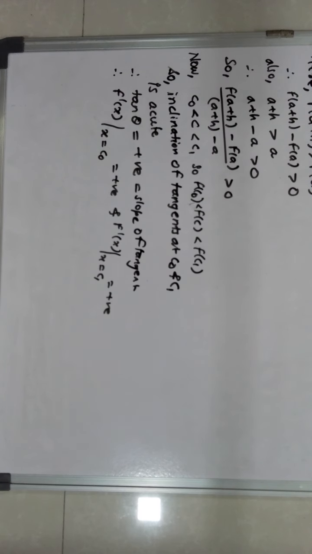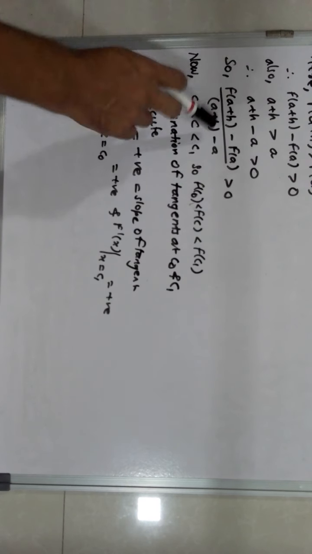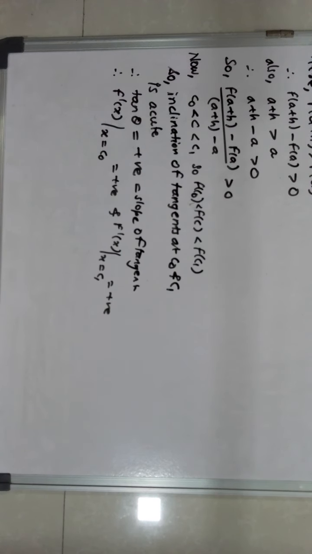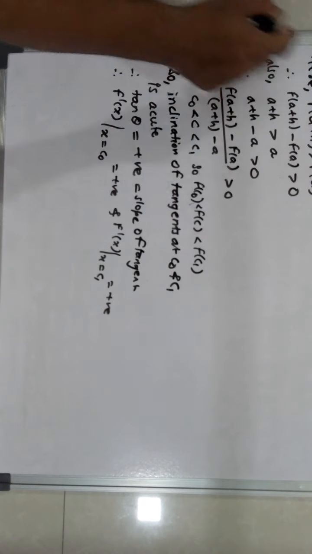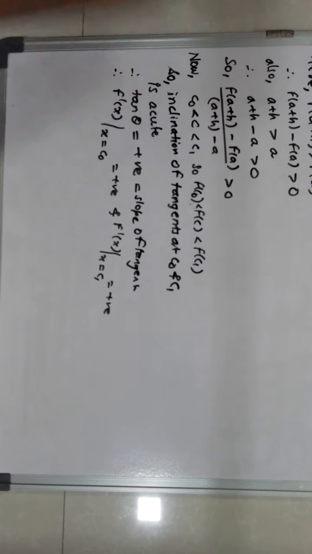And that we have derived here also. Now this is the language which we spoke earlier, that is function of a plus h minus function of a upon h is nothing but slope, right? That is nothing but the slope of tangent at the particular point, whichever I had taken as C. So slope in this particular case, here also, or here also, in both the cases it is positive.